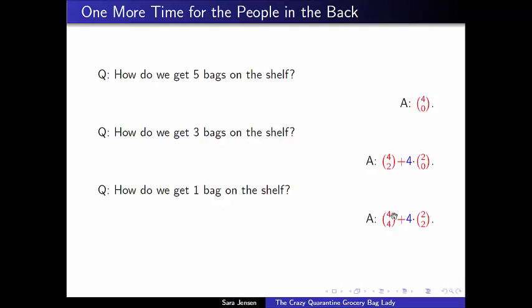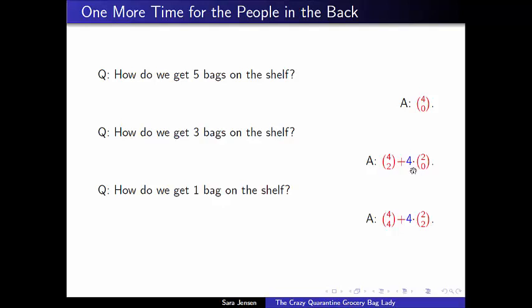These are all of the, this is how many bags I had, and then I selected them. However, when we talk about maybe there were 2 bags on the shelf and I selected 0 of them, that is perfectly true, but there are more ways to have 2 bags on the shelf than there are to have 4 bags on the shelf. And so what I'm missing is the number of different ways there are to have just 2 bags on the shelf at this particular stage.